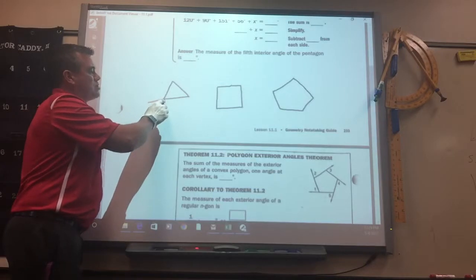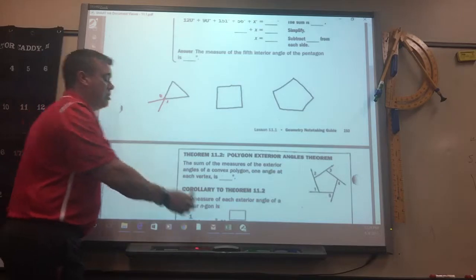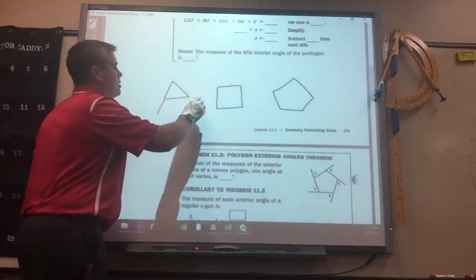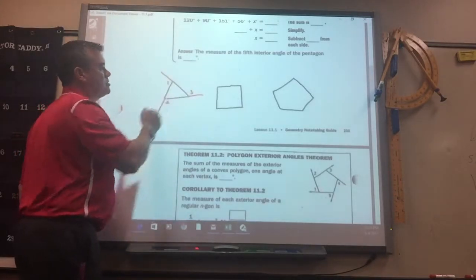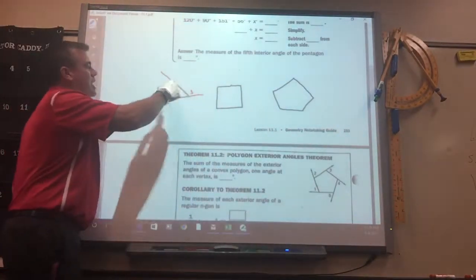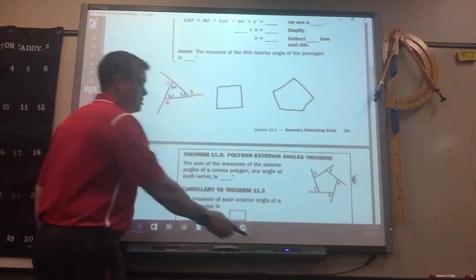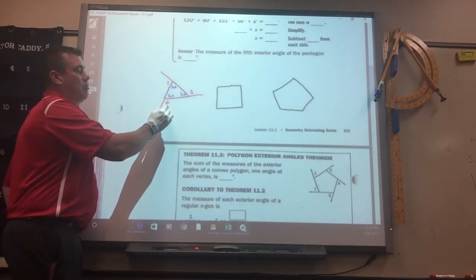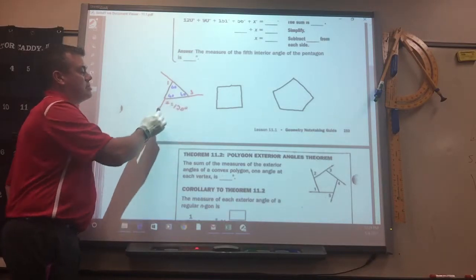It doesn't matter which side you extend because this angle and this angle are the same, because they're vertical. If it's got 3 sides, it's got 3 exterior angles. Let's pretend this is an equilateral triangle, so they're all 60. What would all the exterior angles be? 120, because they have to add up to 180.